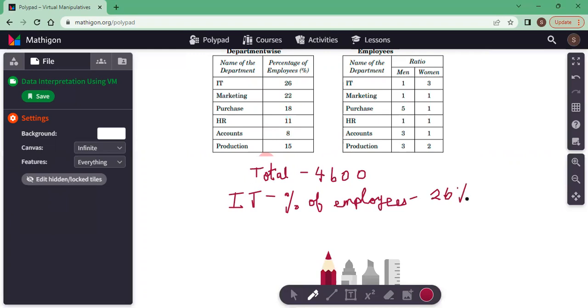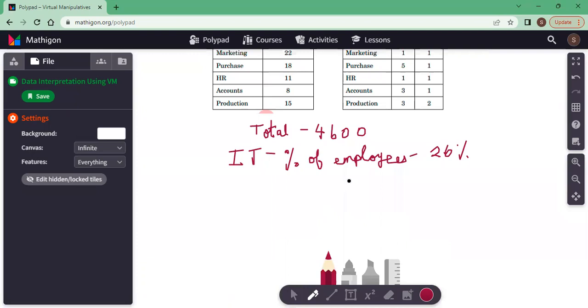So out of 4,600, 26% are working in the IT department. So how do you calculate this? 26 upon 100 into 4,600. So you cancel the zeros out here.